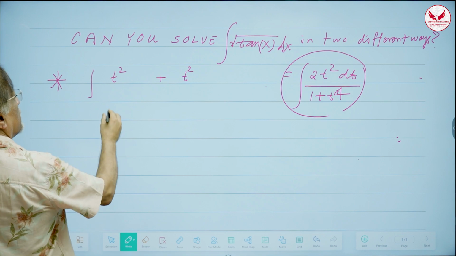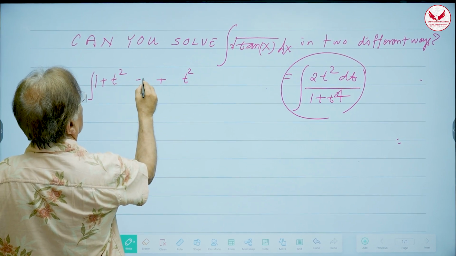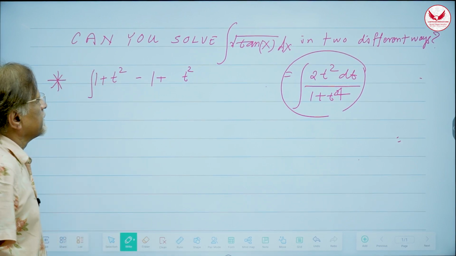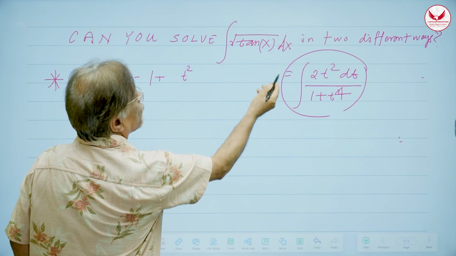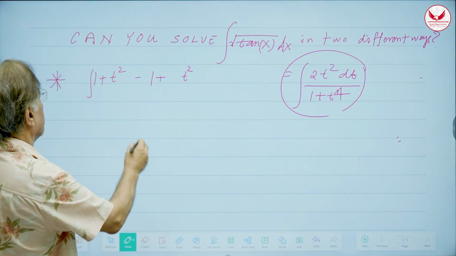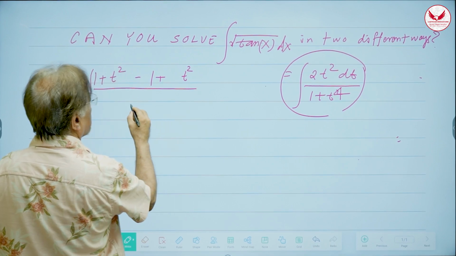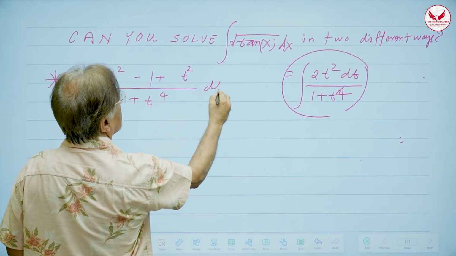So here you can write 1 plus t square, and here you can write minus 1 plus t square. So basically I'm just writing t square plus t square as 2t square. This 1 is anyway going to get cancelled. So that this is divided by 1 plus t raised to 4 dt.